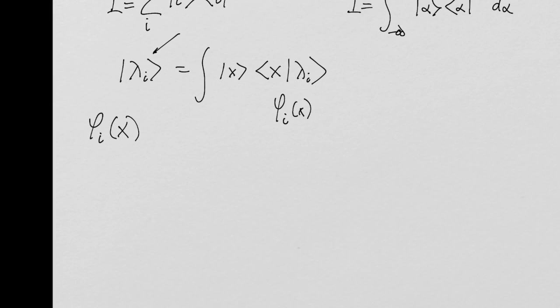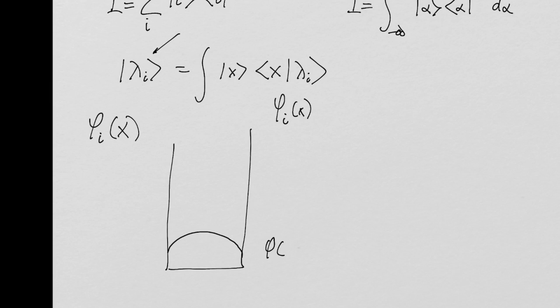And there's usually some problem that we've solved, like the infinite square well, the classic problem, right? And we know that the first eigenfunction of this thing is just sort of your half a sine wave. That would be the eigenfunction of the ground state, which to keep my counting straight, I'll say phi 1.